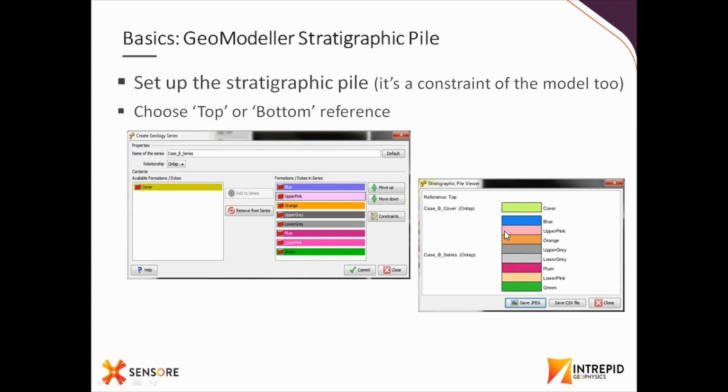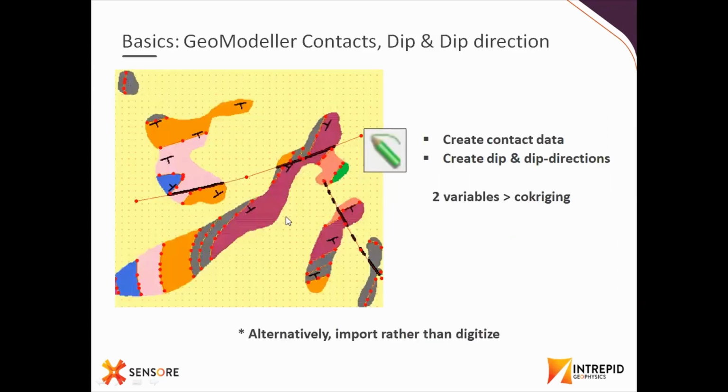So let's see how we're going to digitize the information and achieve the model. The first thing is we digitize these particular interfaces. Wherever the interfaces are, we can simply digitize and assign these interfaces to the appropriate lithological formation. We also collect the fault information from here and from here.